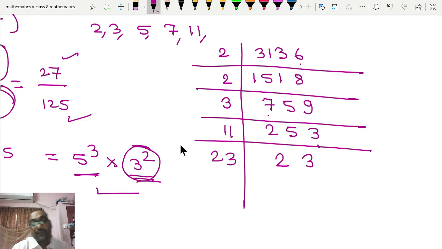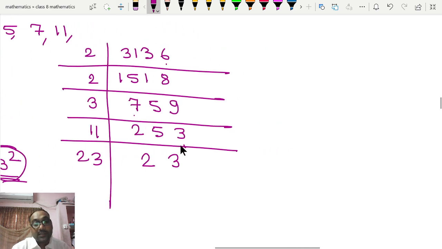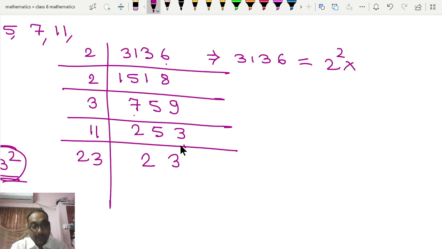So these are the factors of 3136. The factorization of this is 2 square into 3 into 11 into 23.